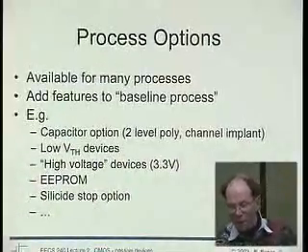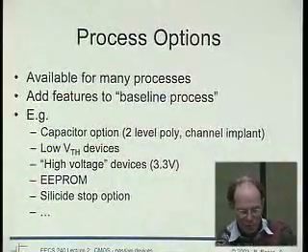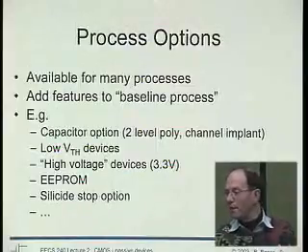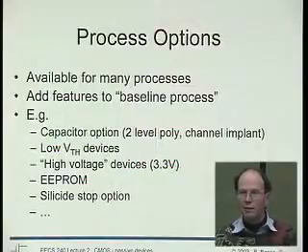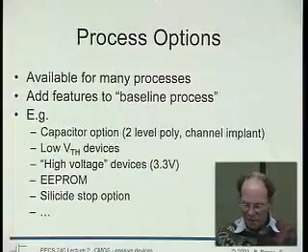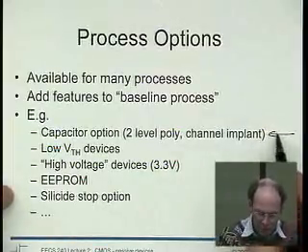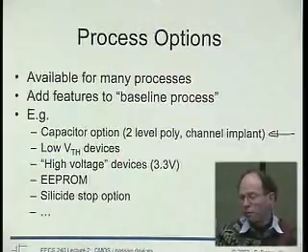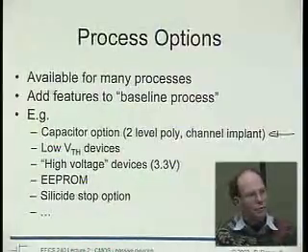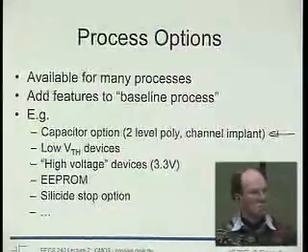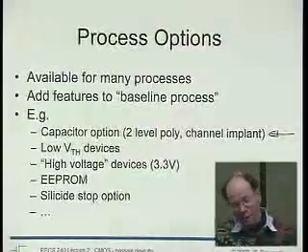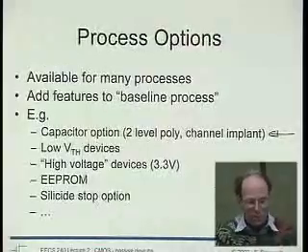So you get the base technology, the baseline process, and then you just add, sort of like a menu, a la carte. You add stuff, and stuff that the analog designers like to add is a capacitor option. There we add the second poly. Of course, you get to pay a little bit extra for doing that, but if our chip now performs better, well, maybe we make more money on the chip, right?